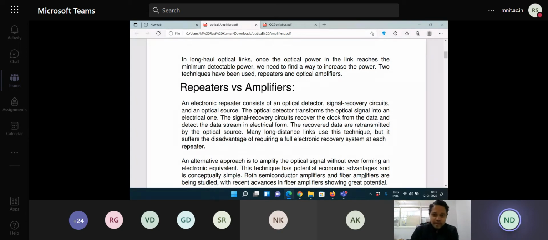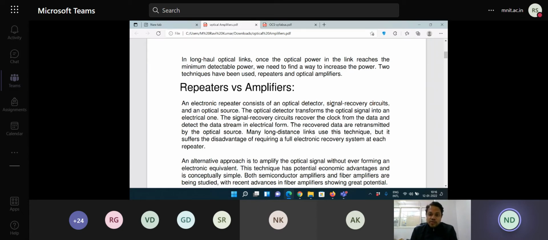There's an optical detector which would convert this optical signal into electrical signal, and then there are signal recovery circuits which would give the proper shape, and there's reshaping, retiming, and reamplification of the electrical signal to match what was actually transmitted at the transmitter end.